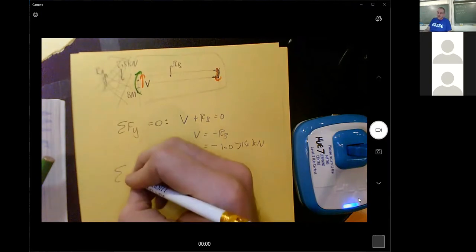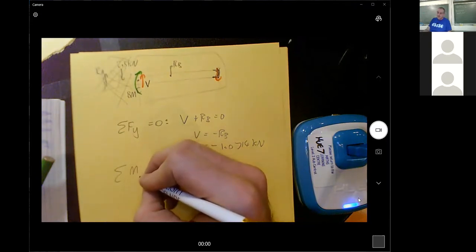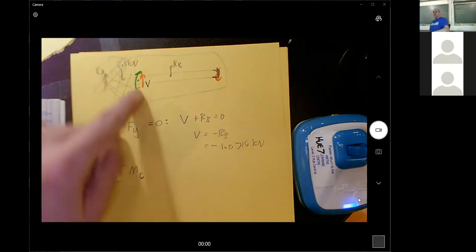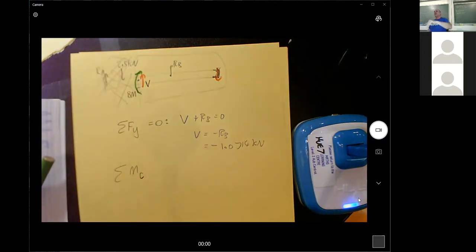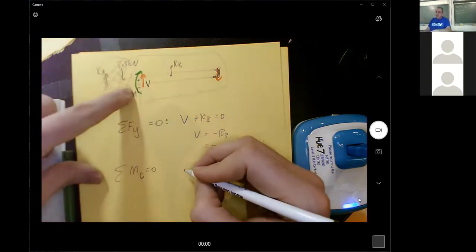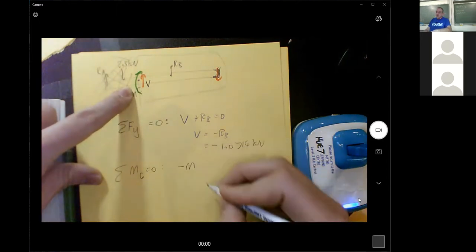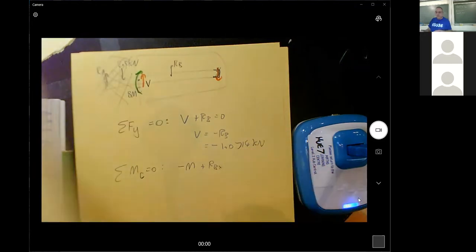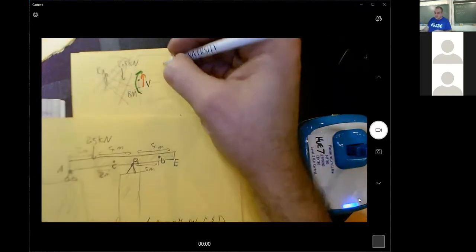And then the sum of the moments at C. I have to do the moments at C because this moment only exists at C, so I can't do it at any other spot. What was this distance? 2 meters.